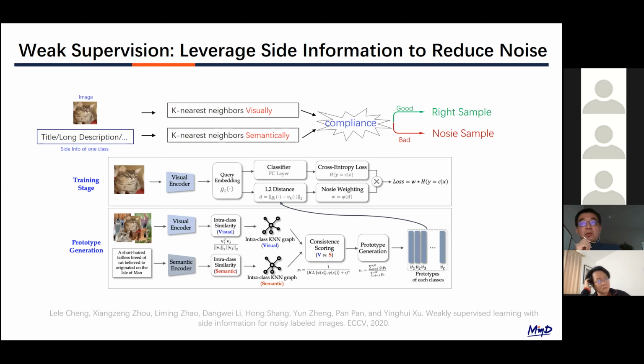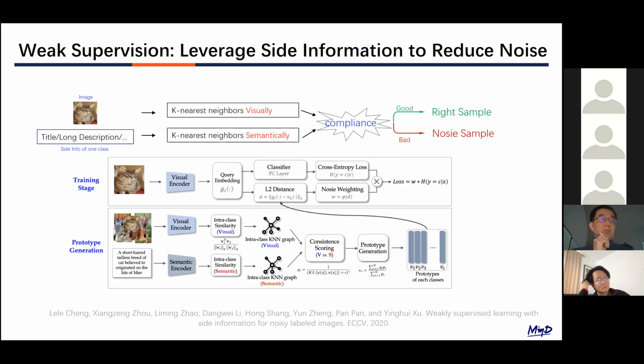More specifically, we use the KNN labels as the basis. For each image, we can use the visual content to rank these labels. We can also use the textual content as the basis to rank these labels. Now, if you see a large difference in the ranking results, then we believe this image is likely to be noisily annotated.